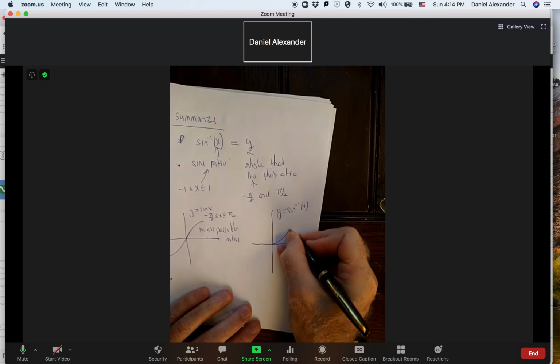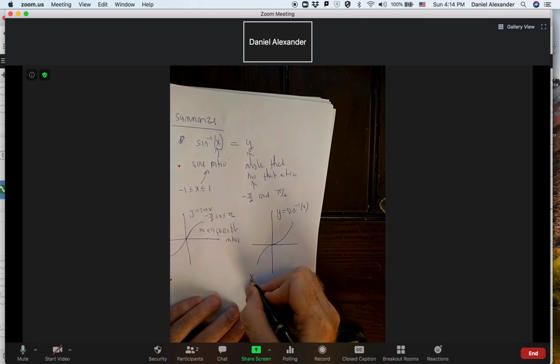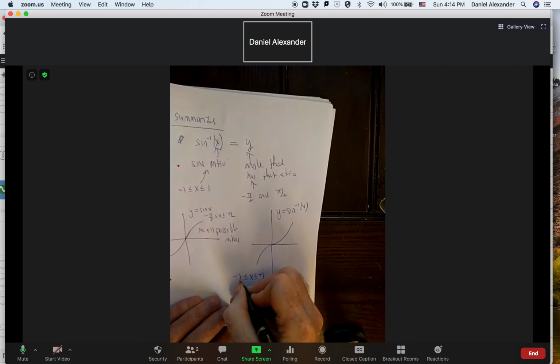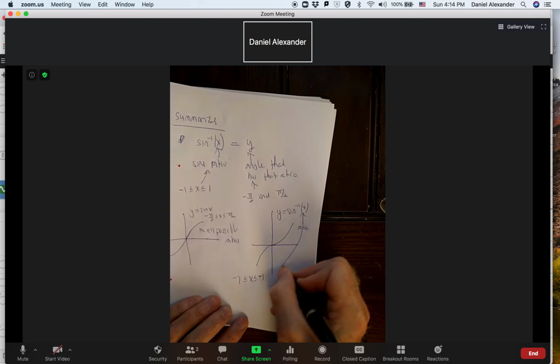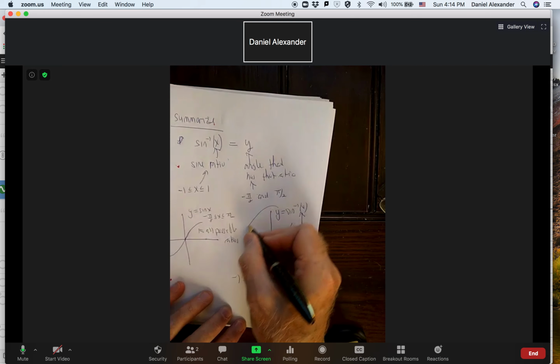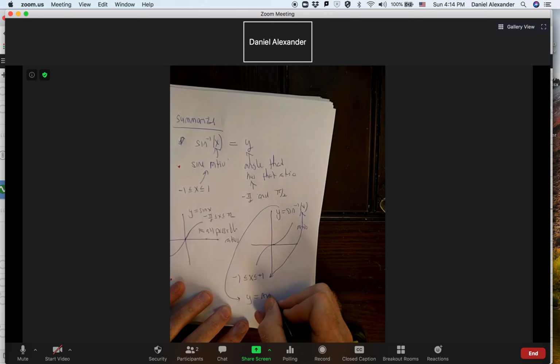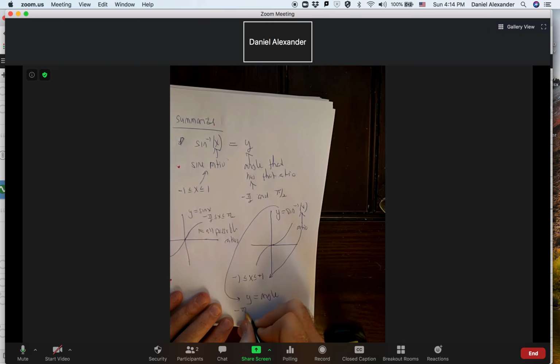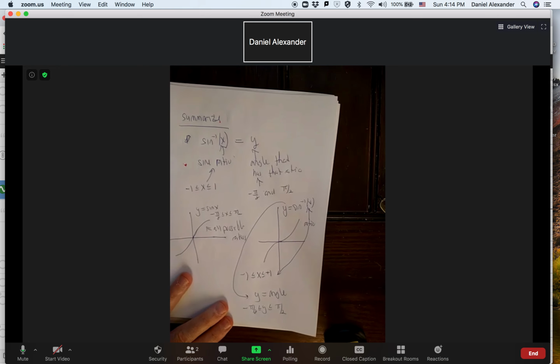It's going to look something like this. Its x is going to be a ratio between minus 1 and 1, so that's going to be a ratio. And what we're going to get back is the angle. And our angle is going to be between minus 90 and plus 90. Okay, so sorry.